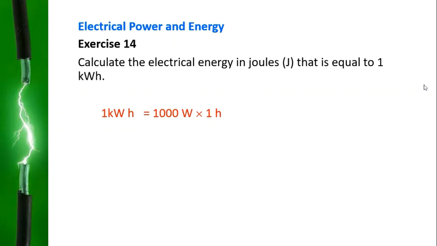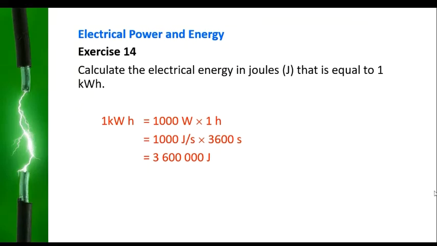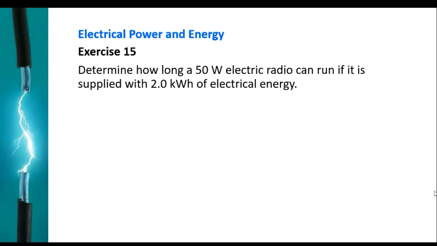So 1000 watts equals 1000 joules per second, and 1 hour equals 3600 seconds. We multiply these two quantities together and we get 3,600,000 joules. That is the energy of 1 kilowatt hour. It can also be written as 3.6 times 10 to the power of 6 joules.